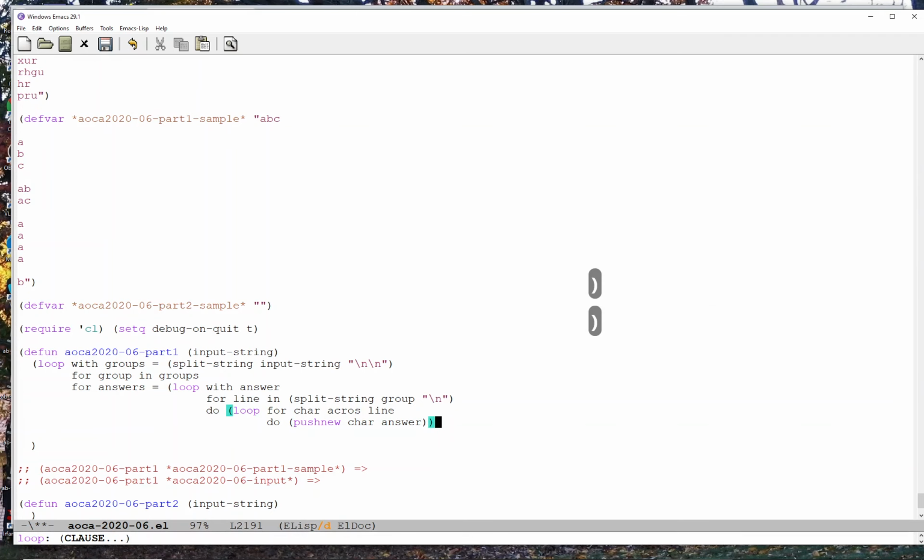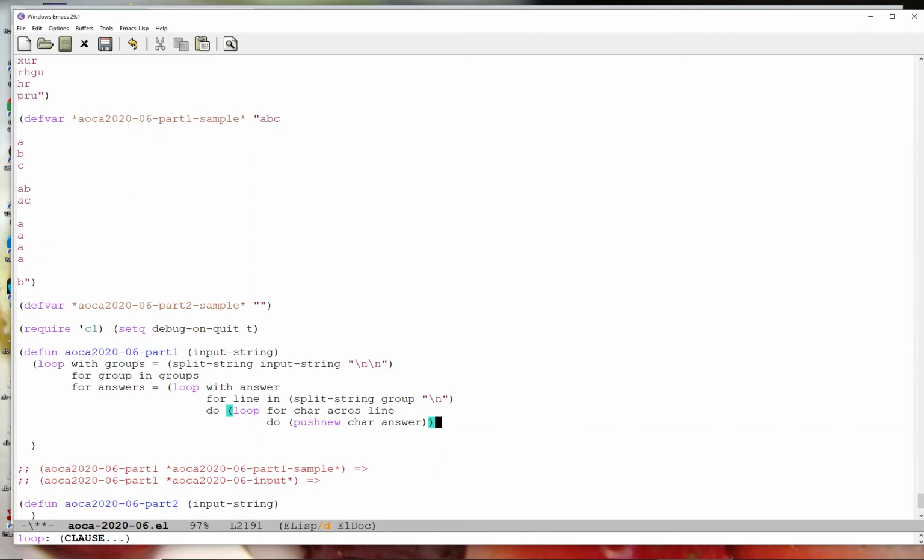Push-new is a macro. It will put the char there unless it's already there. It's using lists, and so therefore it's inefficient if you've got anything more than a few. But these problems usually just have a smallish number. You could also use a hash table. It seems a little bit more trouble than it's worth.